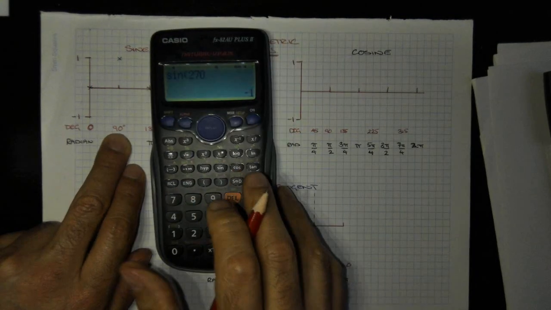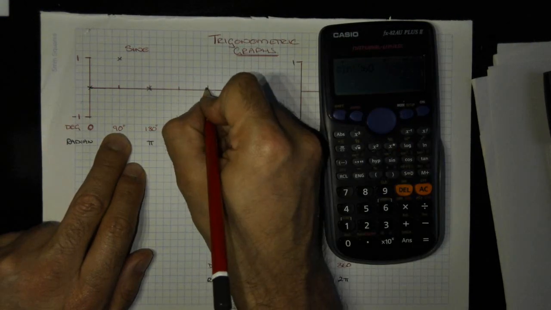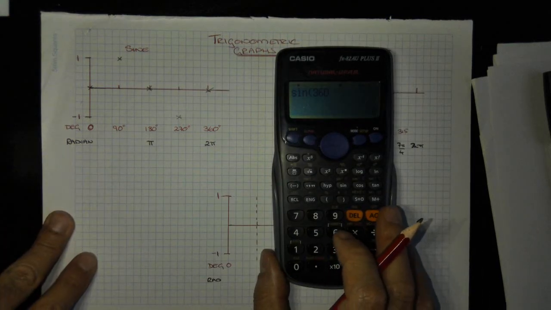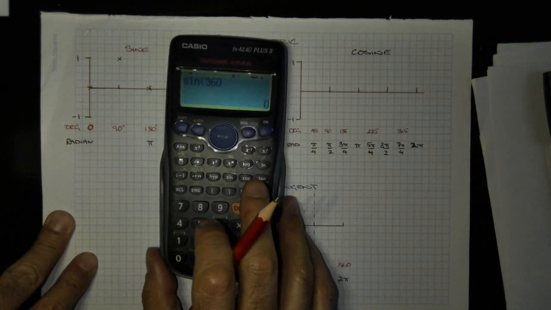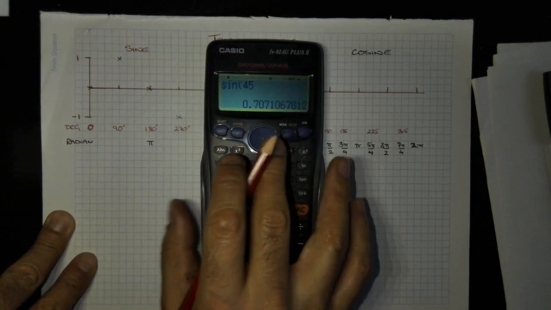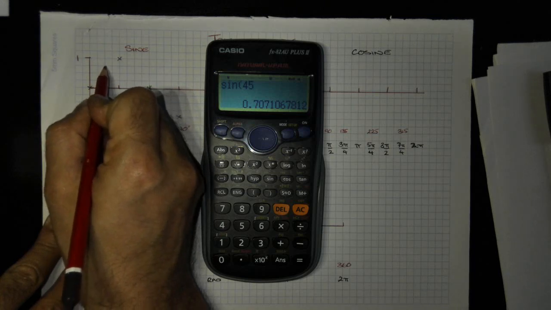And if I press sine 360, I get 0. Okay, and so let's press sine 45. If I press sine 45, I get 0.7. So that's somewhere around about here.